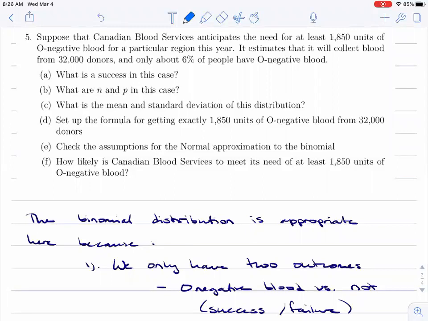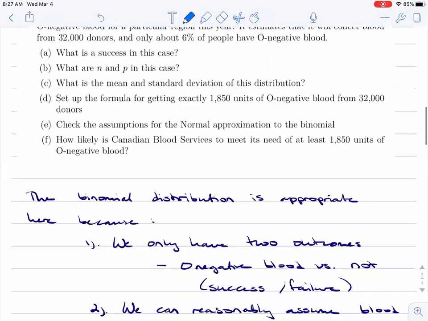Probably a good month's worth of work. Like, not worth it. So that's when we have to check the assumptions for the normal approximation. If we can use the normal approximation, then we can go ahead and just estimate these probabilities using z-scores.